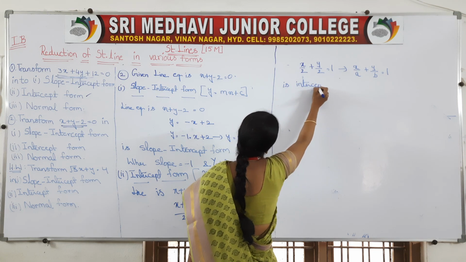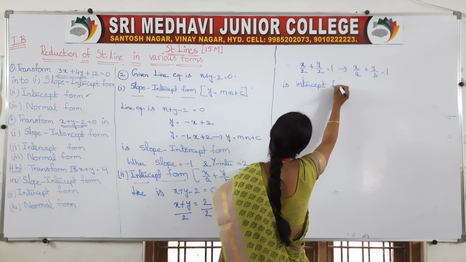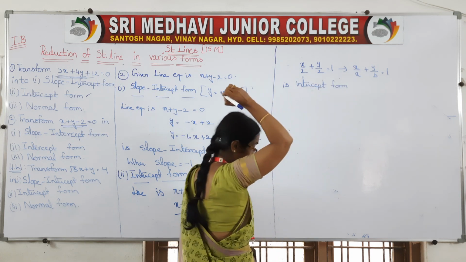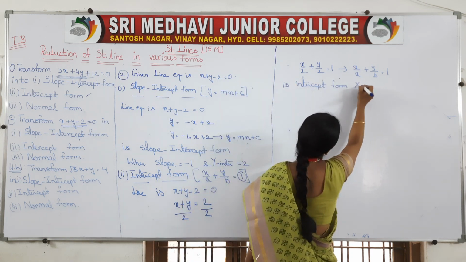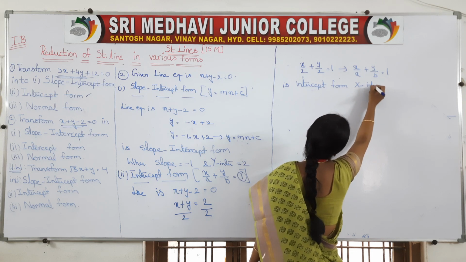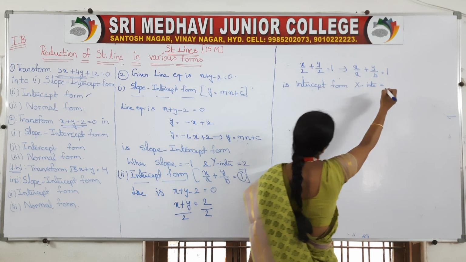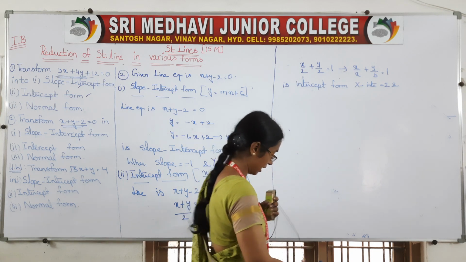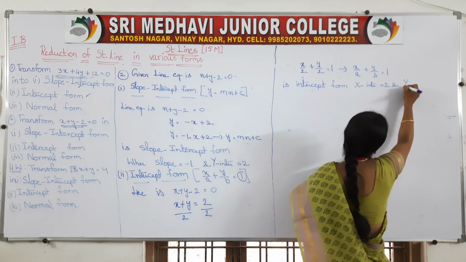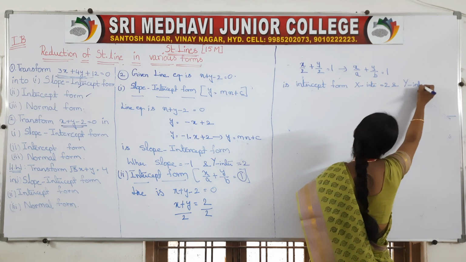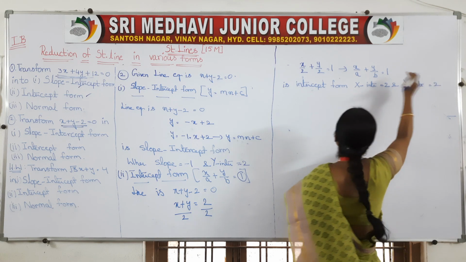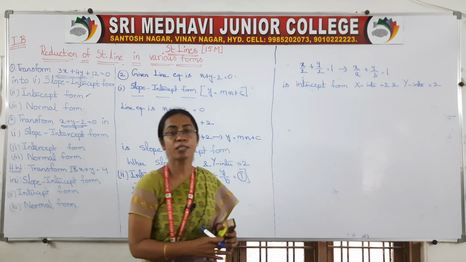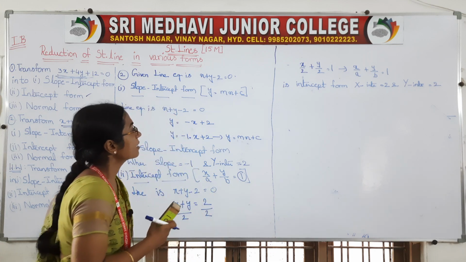The x intercept is 2, and the y intercept is also 2. This is called the x intercept, this is called the y intercept.